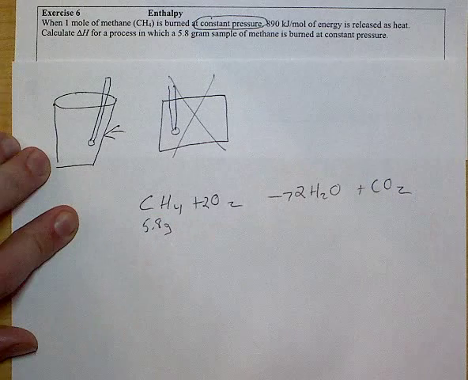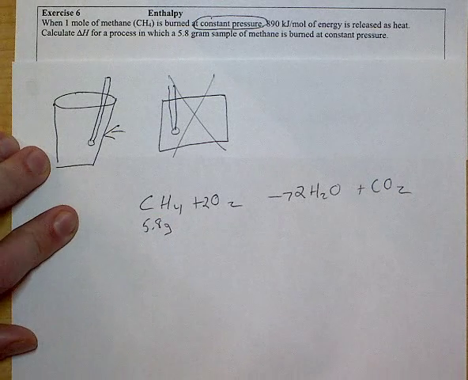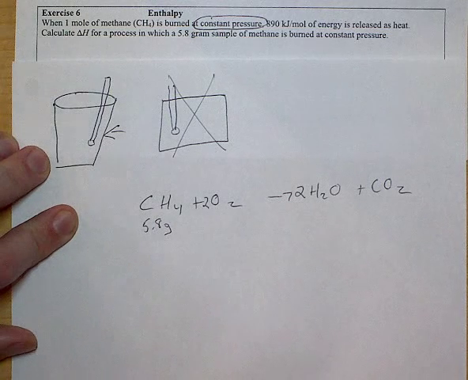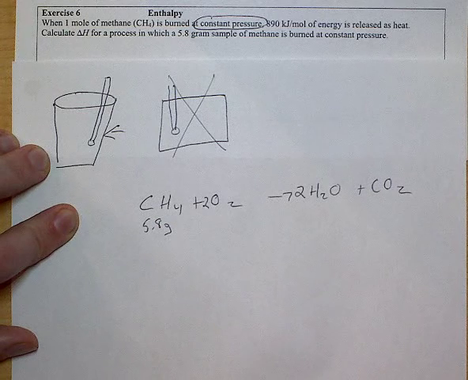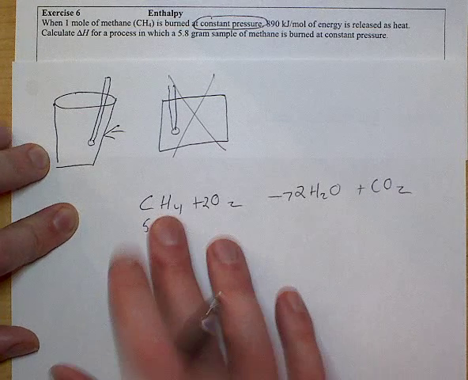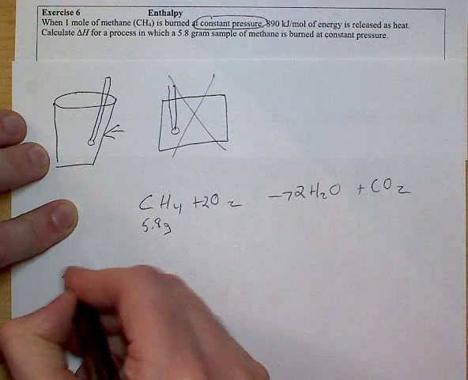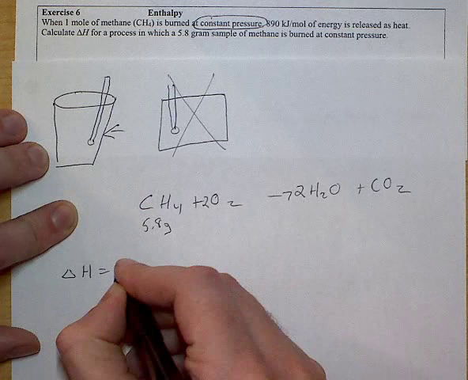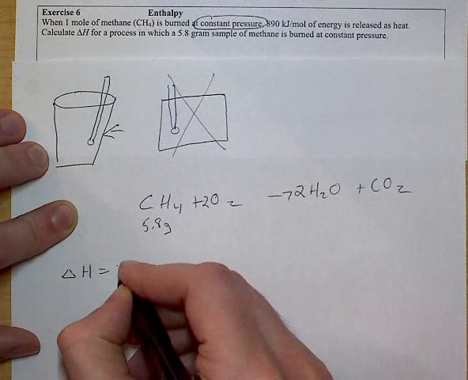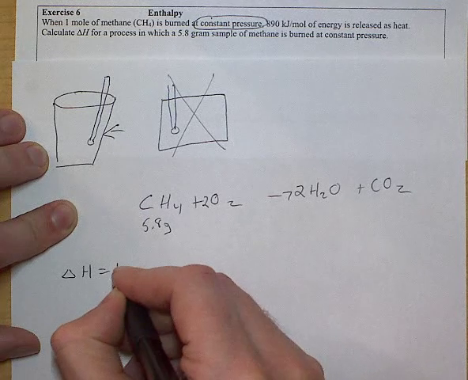Okay, so here we go. All right. So what it's asking for is what is delta H. Okay, delta H is enthalpy, and we commonly refer to it as heat.